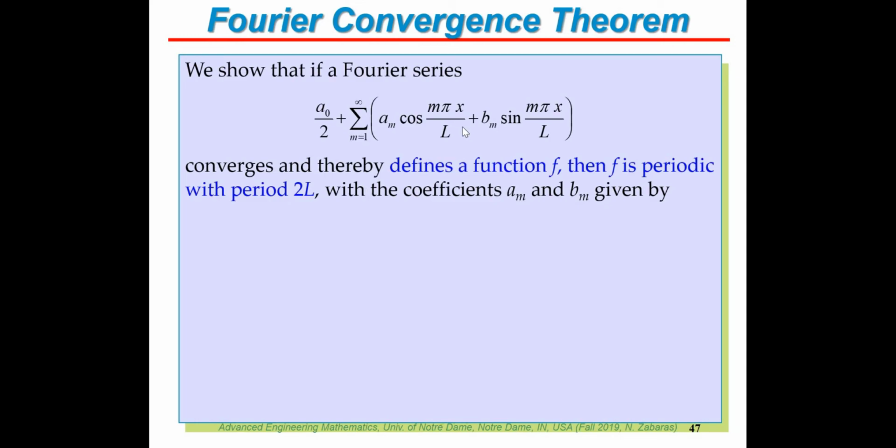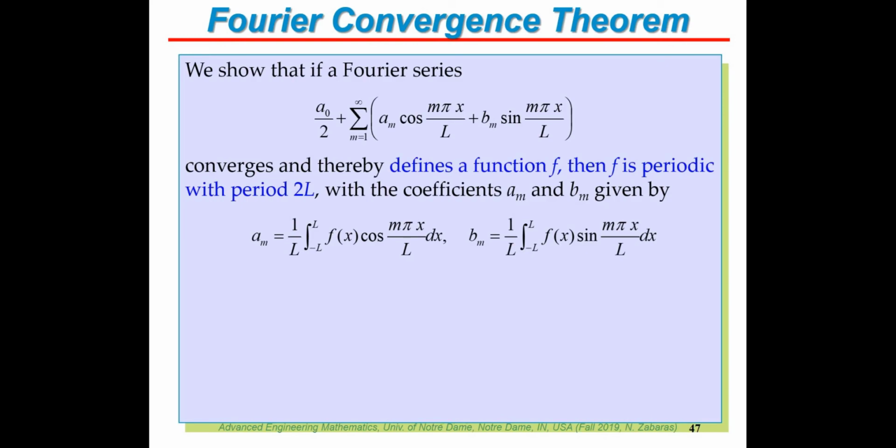You can easily see here if you put x plus 2L, this is a periodic function with a period 2L. And the coefficients that you see were computed directly from the function f of x by using the so-called Euler formulas that you see in the equations in the middle of this slide.